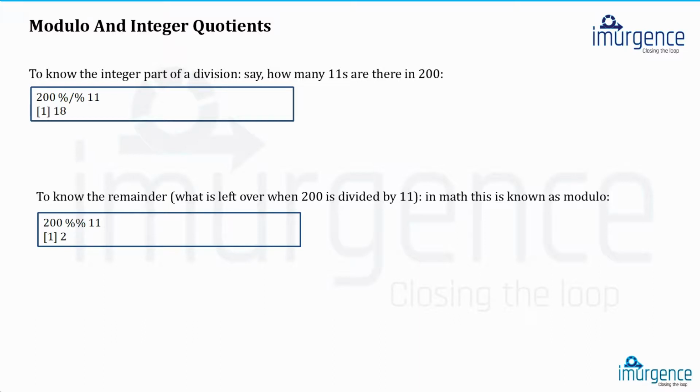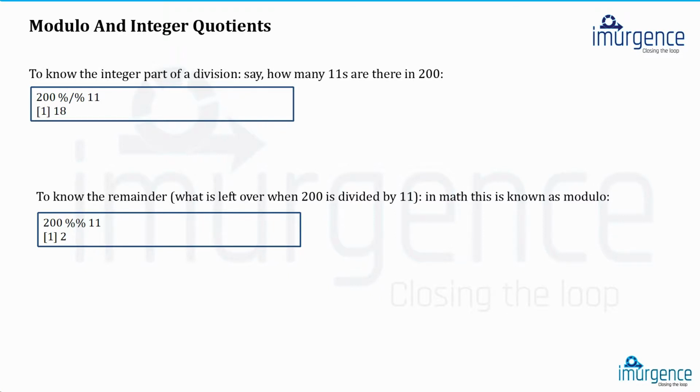So now we come to modulo and integer quotients. The modulo sign is represented with a percent and a percent again. To know the integer part of a division, say how many 11s are there in 200, you will just do a division of 200 by 11. If you do this, what you will typically get is the division, some decimal value.